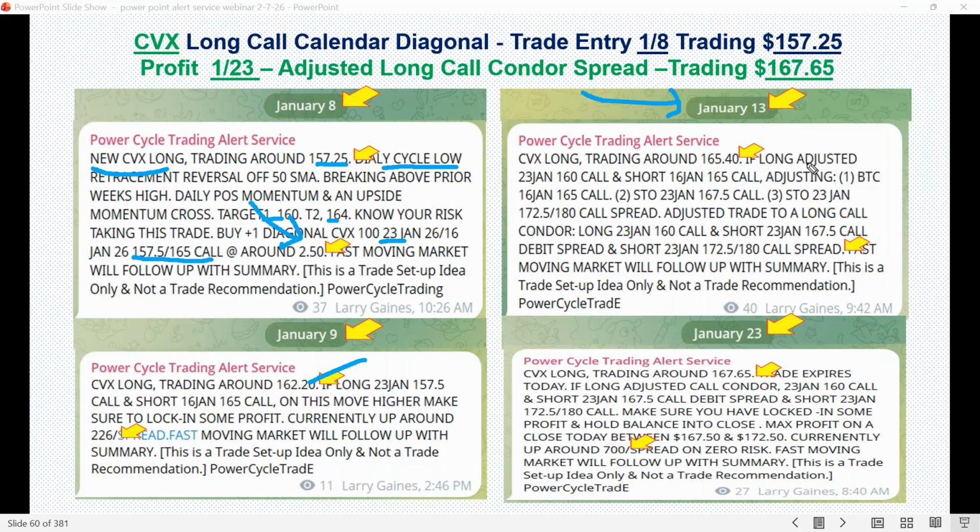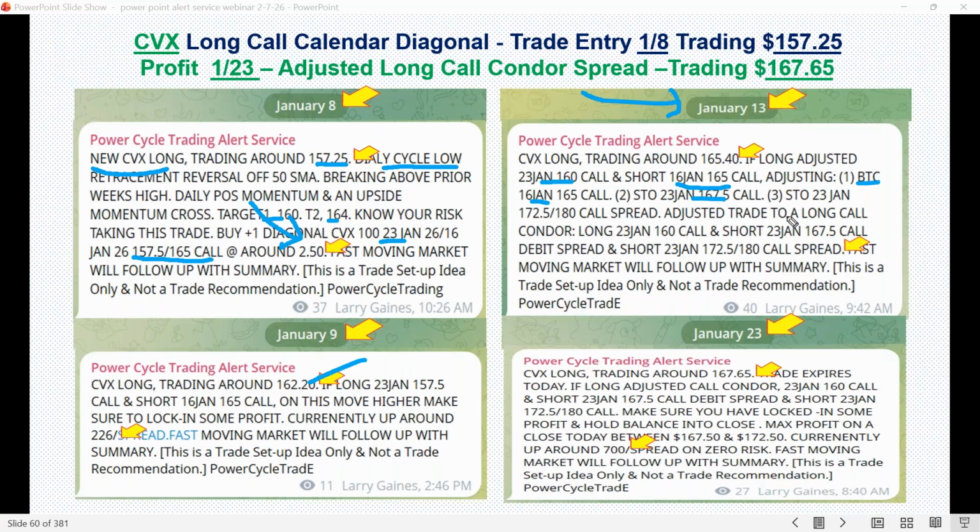And I said, if long the adjusted trade that we adjusted earlier too, we now were long the 160 call, short the 16 Jan 165. What we did was adjust this. We bought to close that 16 Jan 165 call, took a loss on the short call strike there, but sold to open a higher strike at 167.5, and then sold to open the 23 Jan 172/180 call spread.